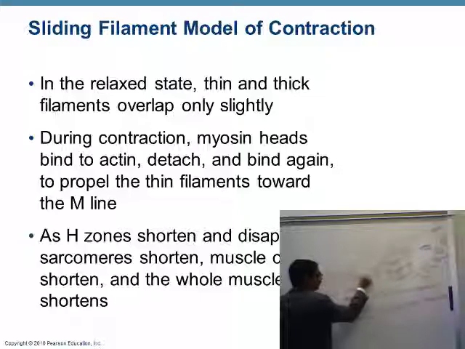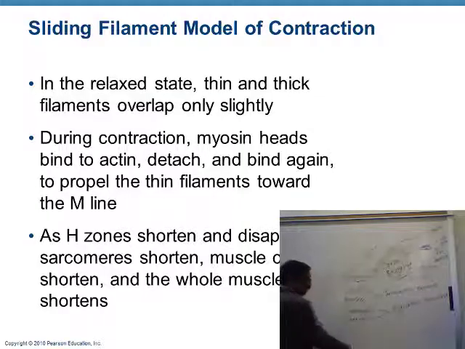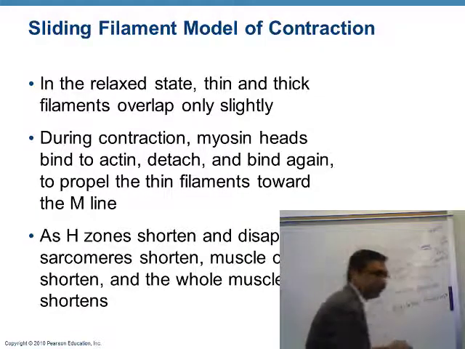Now you see here, let me go back to previous picture. These are the actin balls, and you have many myosins here. So cross bridging or attachment has occurred.